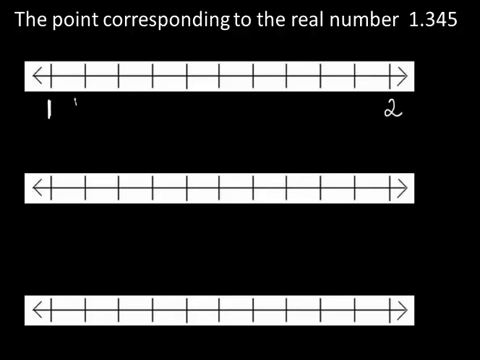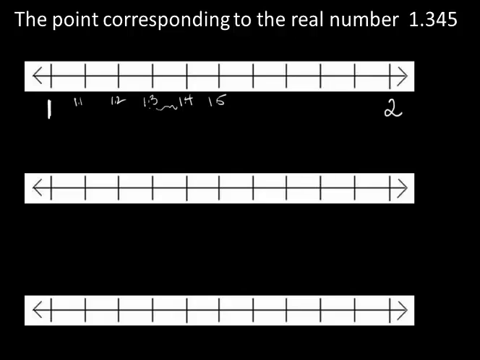So this is 1.1 here, and this is 1.2, and 1 3/10, and 1 4/10, and 1.5, etc. And we know that 1.34 will be somewhere between 1.3 and 1.4.